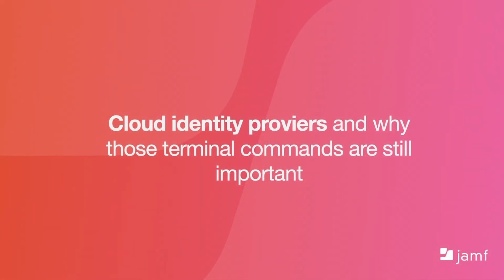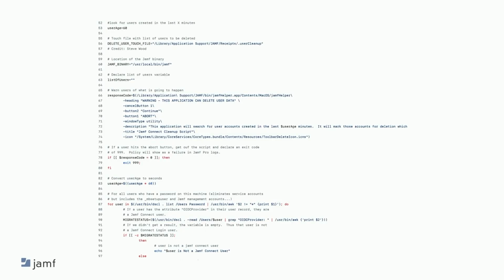So remember all those lovely command line utilities that I talked about earlier? Well, what happens when you have a cloud identity provider and you have something automating all these account creations? You don't need those utility commands anymore, do you? Of course you do, because let's say that you did want to go through and automate the deletion of all those user accounts.